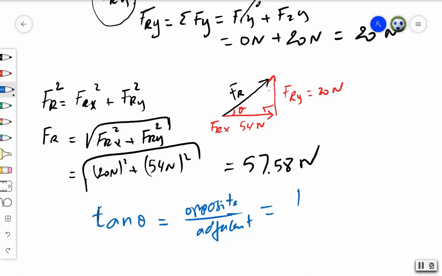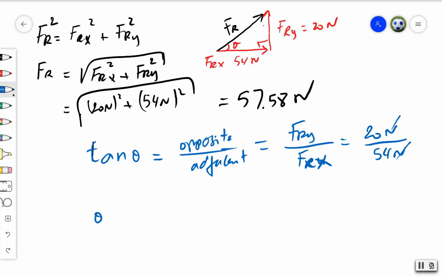The opposite is FRy over FRx, and I have the numbers, so it's 20 Newton over 54 Newton. So theta equals the inverse tangent, or arctangent, of 20 over 54, and your calculator will give you a theta of about 20 degrees.